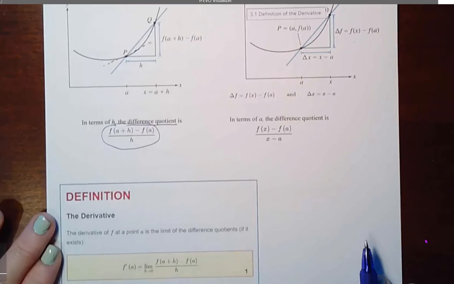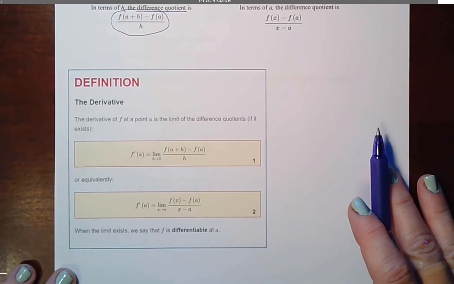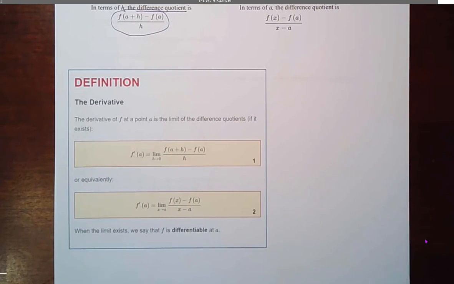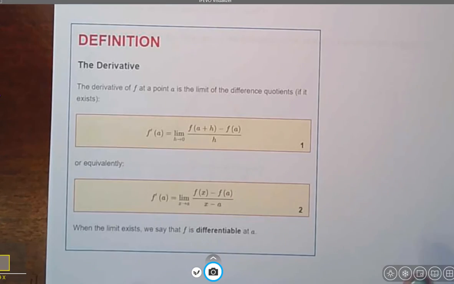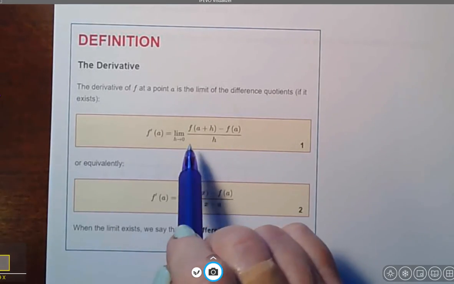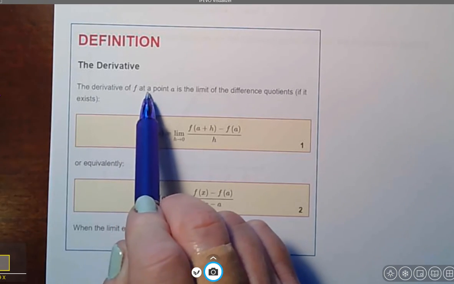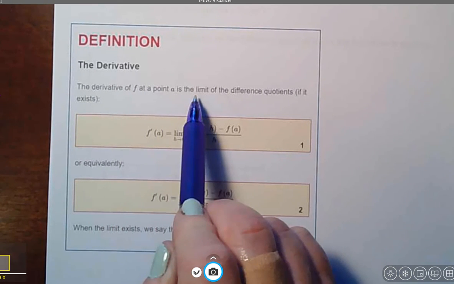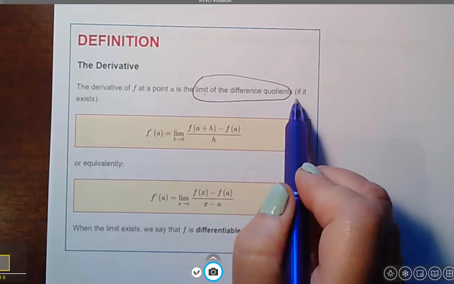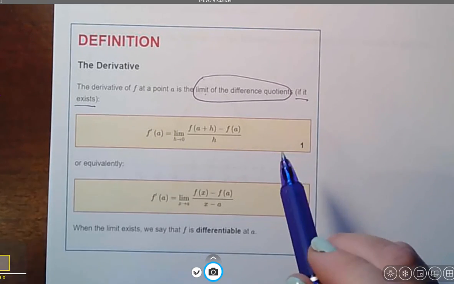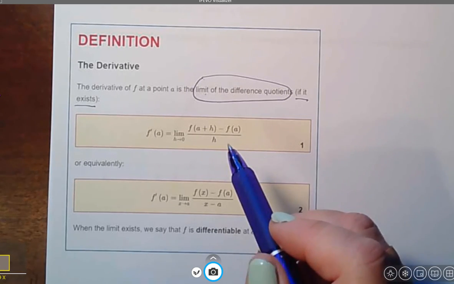So now let's go down here and look at definitions. Definition of a derivative: here are your two definitions using the two different formulas. The derivative of a function f at a point a is the limit of the difference quotient, if it exists, because remember, there are cases where the limit does not exist.